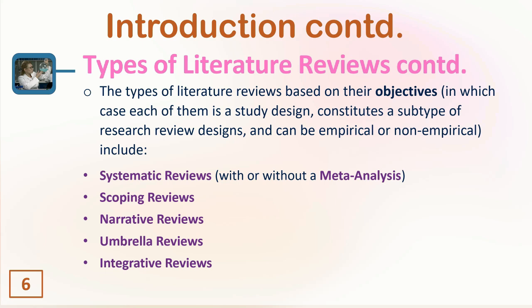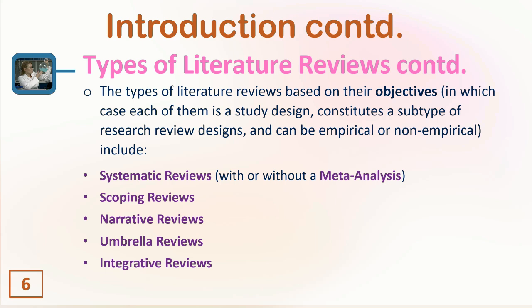Another type is scoping reviews. Scoping reviews explore the breadth and depth of literature on a topic without focusing on quality assessment. Another type is narrative reviews. Narrative reviews provide a descriptive and thematic synthesis of literature on a topic.